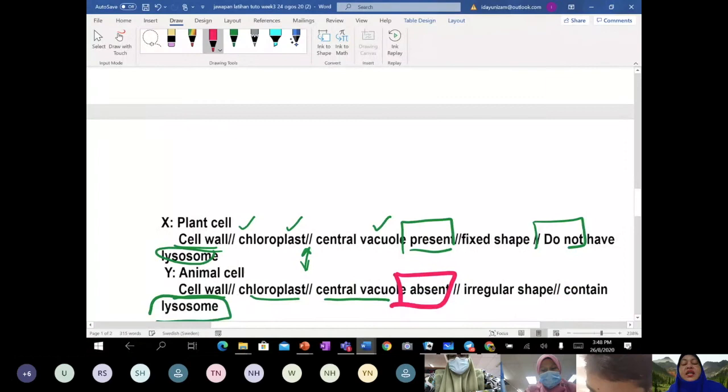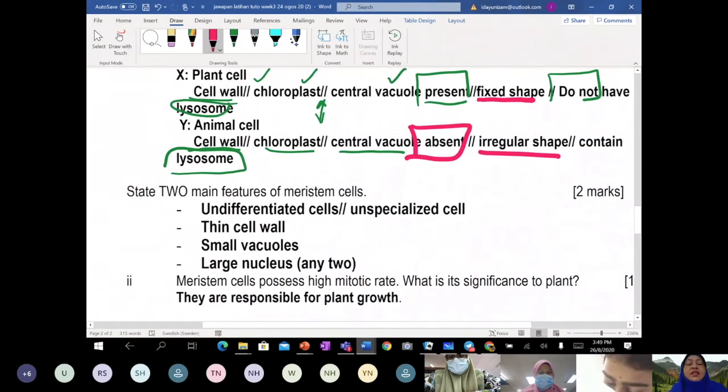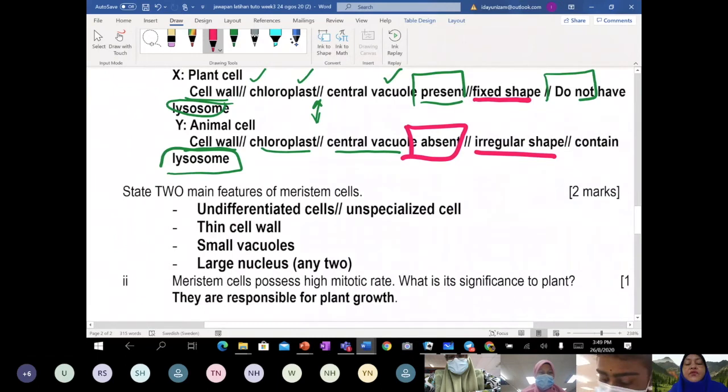So the other differentiation you can mention is that the plant cell shape is fixed, whereas in animal cell the shape is irregular. Okay, class? For meristem cell, we hold first. We will discuss later when we discuss tissue.